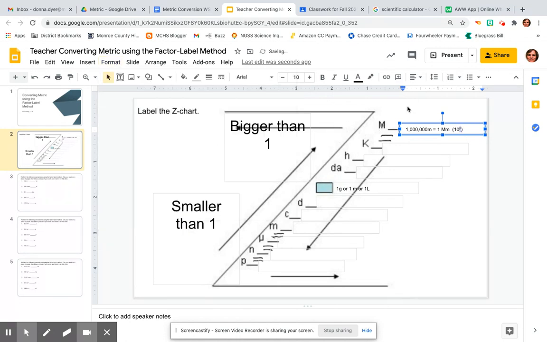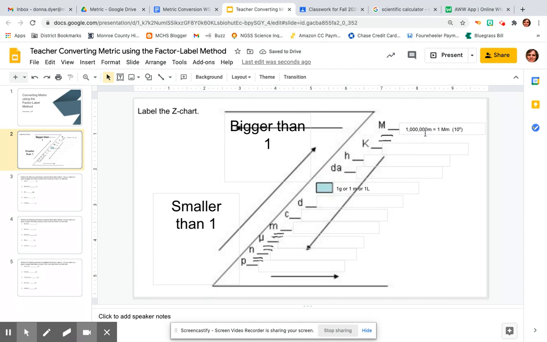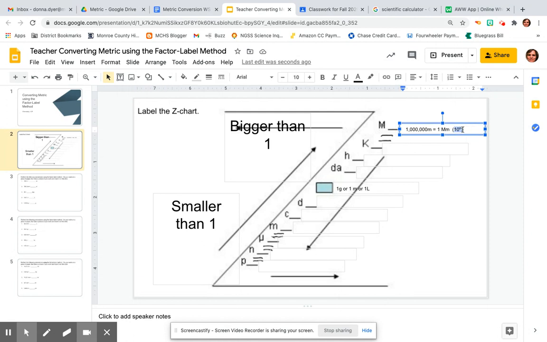So there are 10 to the 6 meters in 1 megameter. I'm actually going to put that 10 to the 6 on the other side, so you can see it there. Again, you don't have to use the 10 to the 6 and the million.